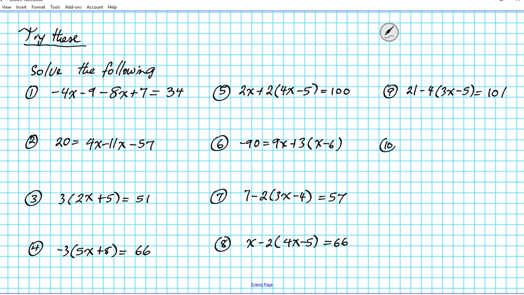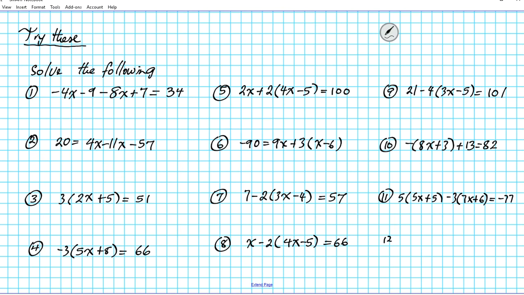Number 10, let's say you have the equation negative quantity 8x plus 3 plus 13 equals 82. Number 11, let's say you have the equation 5 times the quantity 5x plus 5 minus 3 times the quantity 7x plus 6 equals negative 77.